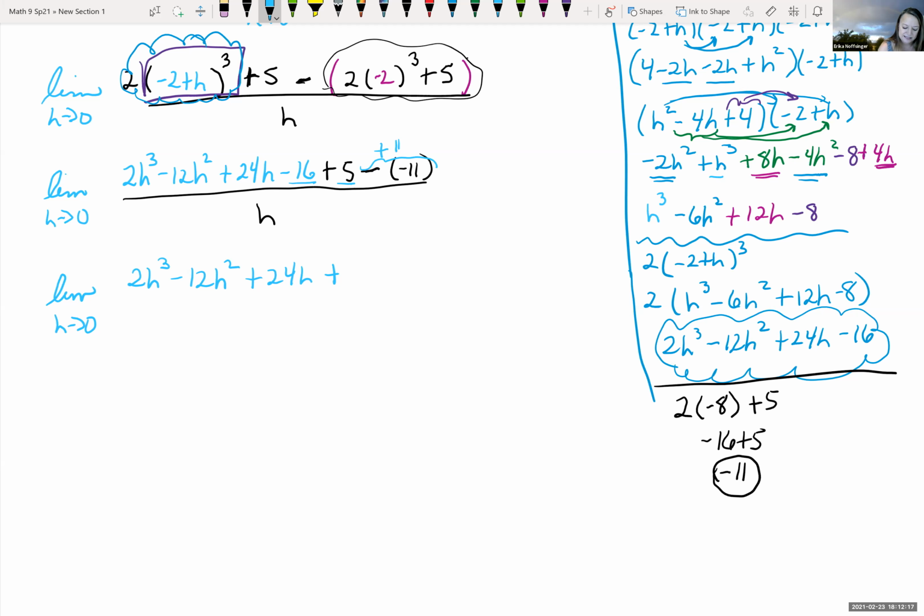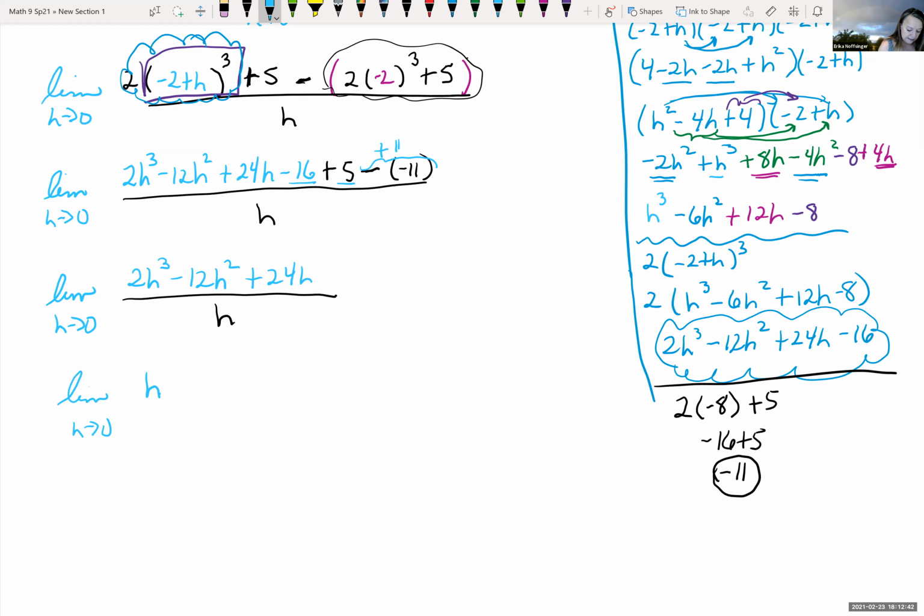So negative 16 plus 5 is negative 11, plus 11 gives us 0. So I knew really that my constants were going to cancel out, and that's how I knew something was wrong. So, limit as h goes to 0. Notice that we all have a factor of h in the numerator that we can pull out, and then we can cancel it with the h in the denominator.